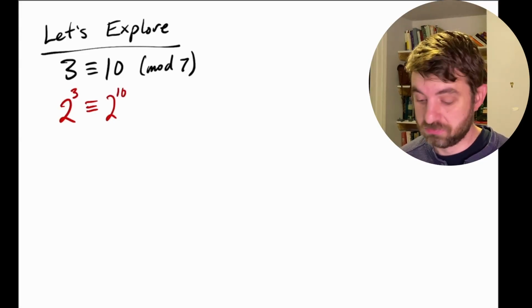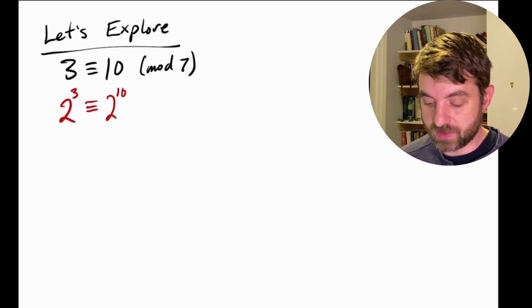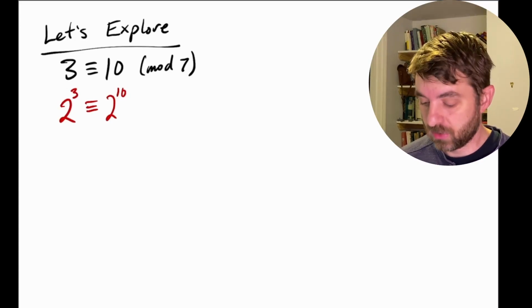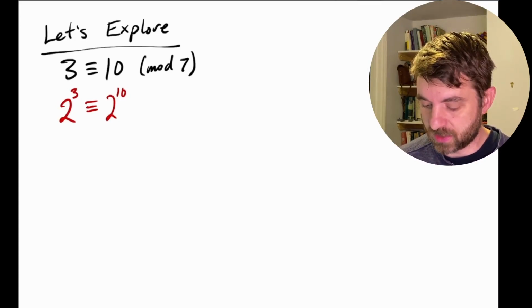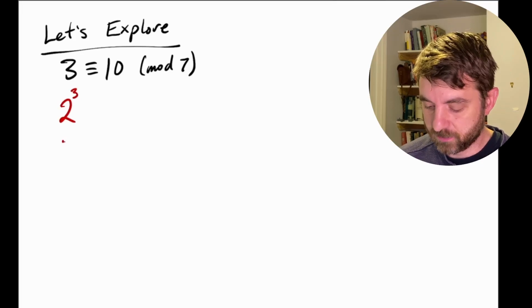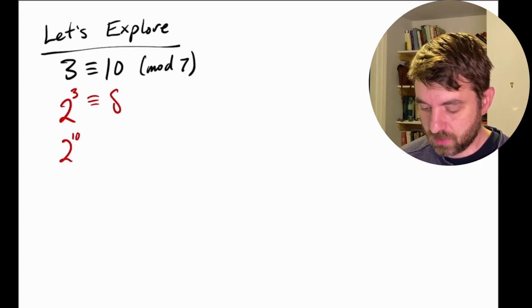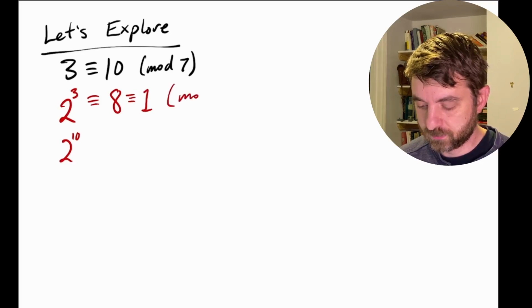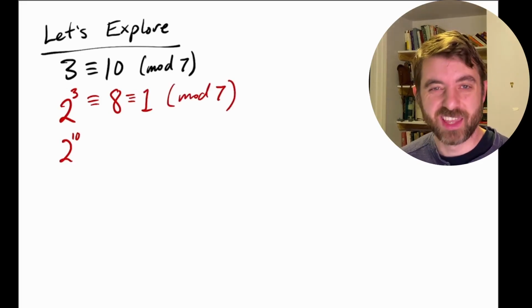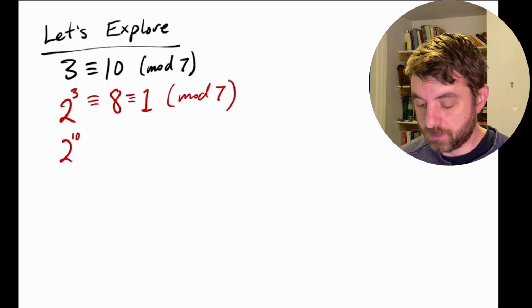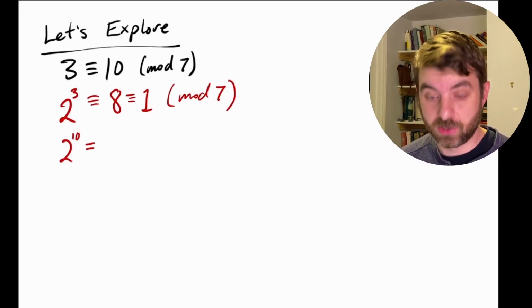Is 2 cubed congruent to 2 to the 10th mod 7? And the answer is actually no. So let's check what these actually are. I'll do them on 2 different lines. So 2 cubed is 8, which is just 1 mod 7. And 2 to the 10th is 1024, but actually I can write it in terms of 2 cubed.